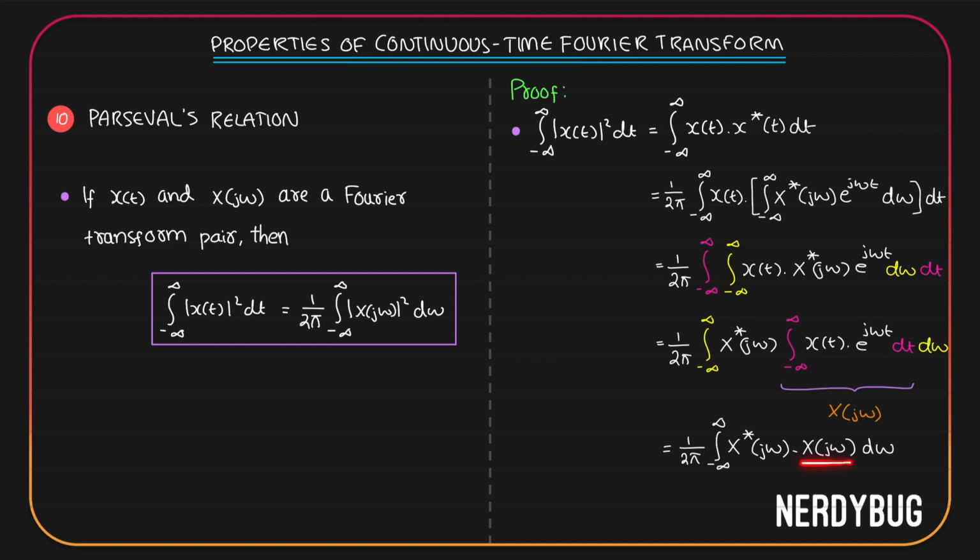But we know the product of a function and its complex conjugate simply gives us the square of its magnitude. Therefore, we can write RHS is equal to 1/2π times the integral from minus infinity to infinity of X(jω) multiplied by X conjugate of jω, which gives us |X(jω)|² dω, which is what we have written over here.